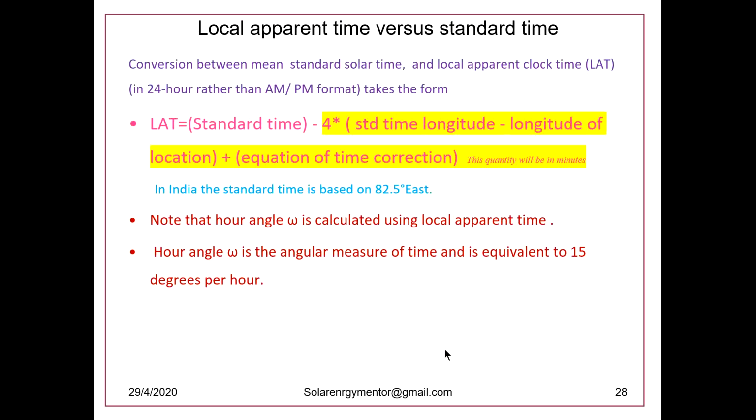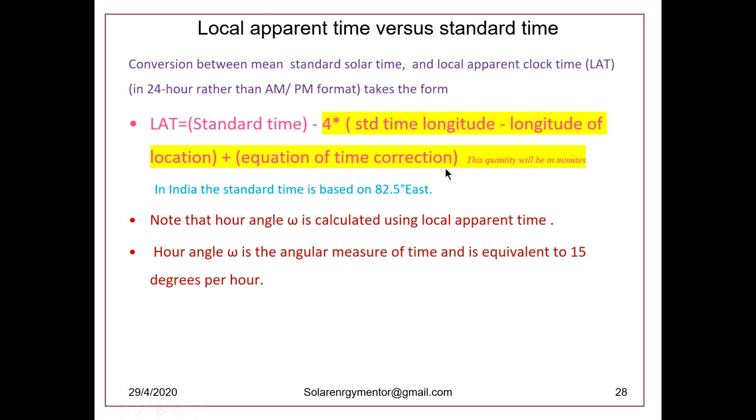Now how do we calculate local apparent time? The conversion of standard time to local apparent time is like this. Local apparent time is equal to standard time minus 4 into bracket standard time longitude, which is 82.5 in India, minus longitude of the location, for example Pune, Ahmedabad, Delhi, whatever location is under consideration, plus equation of time correction.